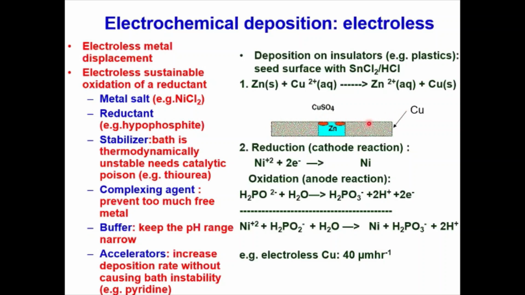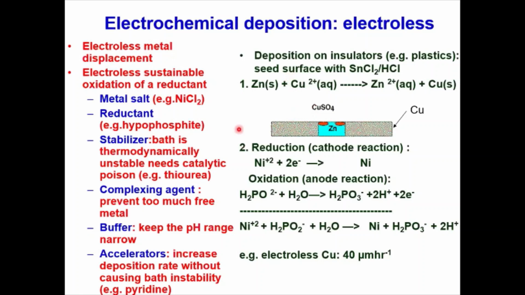Just insert in a copper sulfate solution with proper reducing agent and a complexing agent, right? You can get the deposits of copper over zinc. This is a simple demo thing. The process is called electroless metal displacement. You are displacing some surface with some other metal surface.